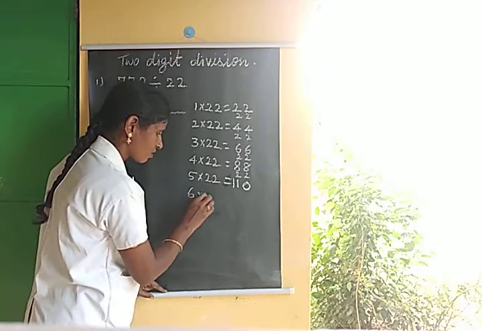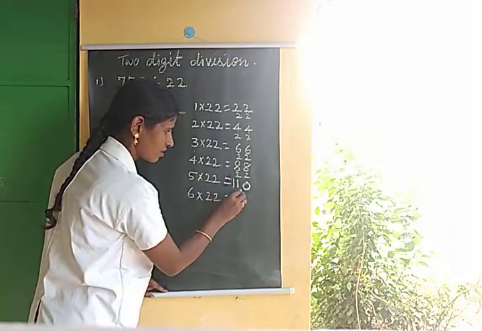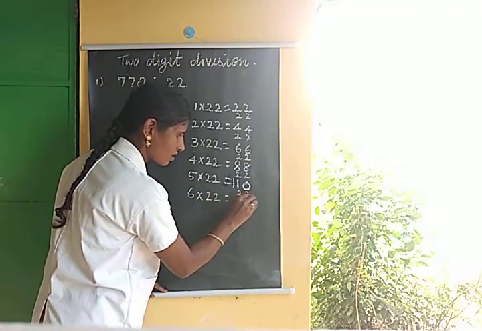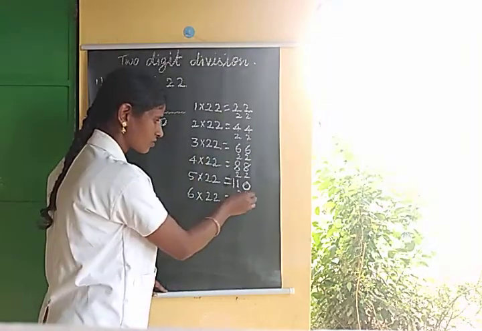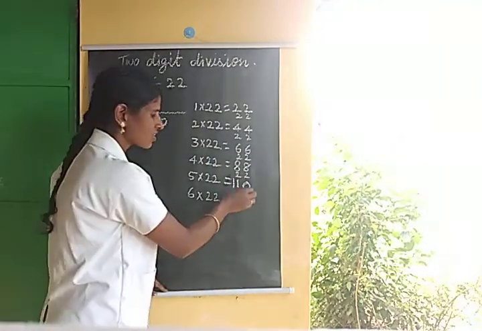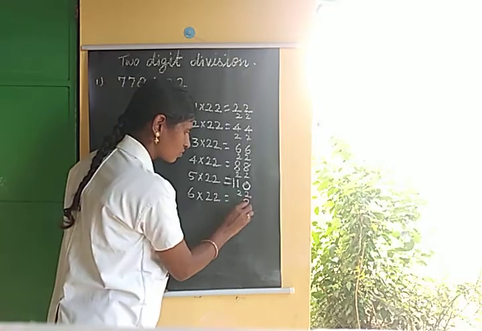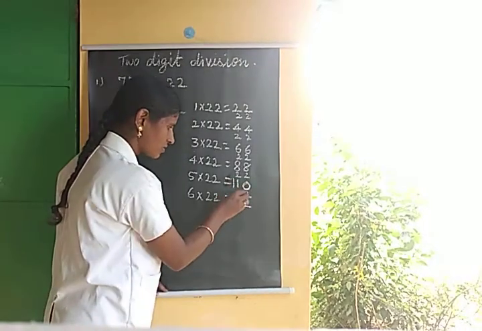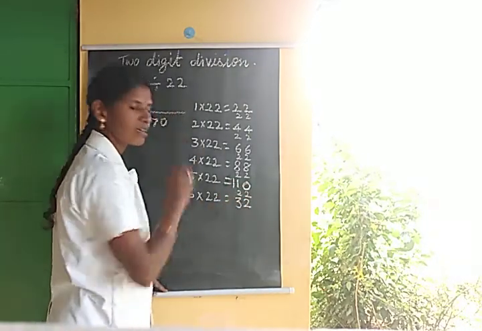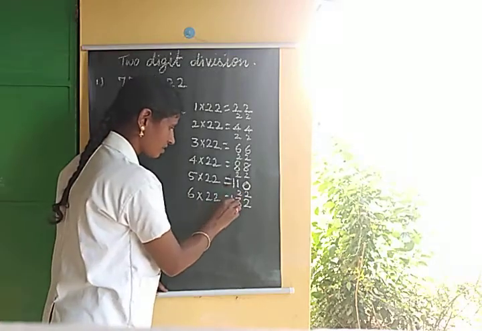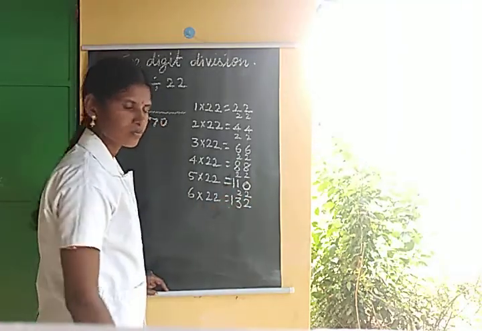Next, 6 22s are. Write 22 here. That also should be in the proper place. 0 plus 2 is 2, 1 plus 2 is 3, and 1, so 132.